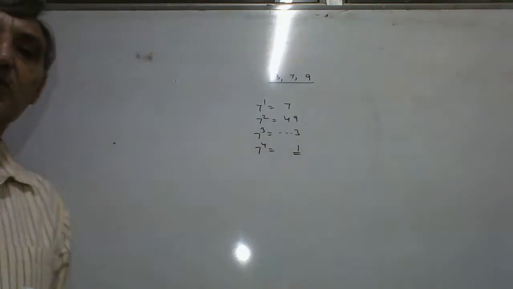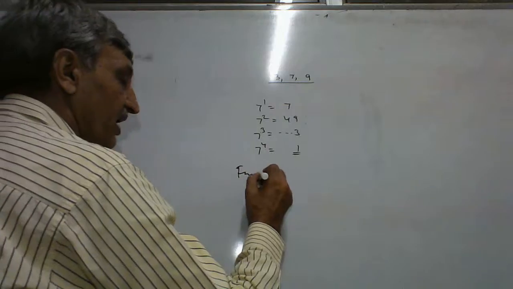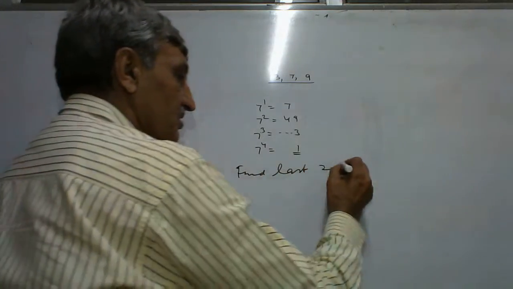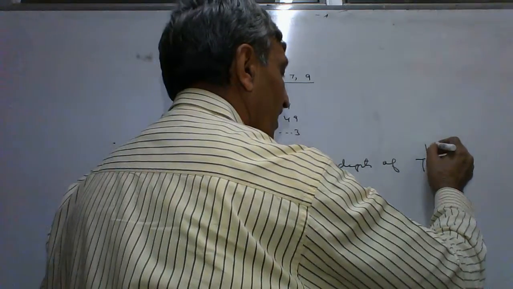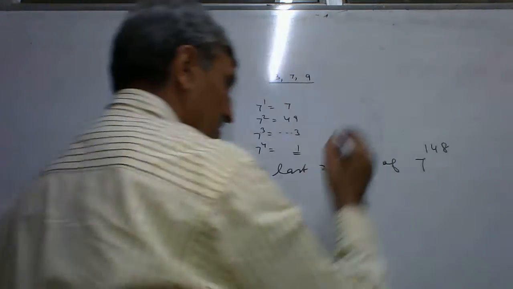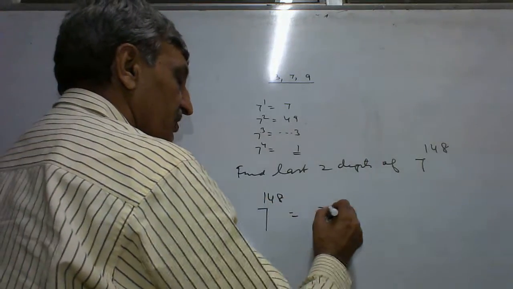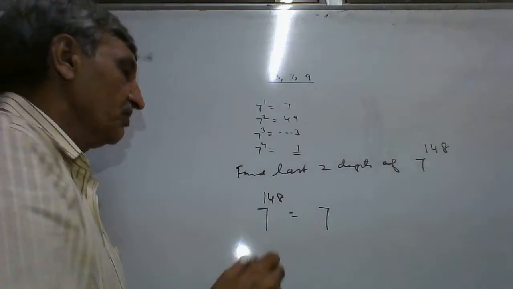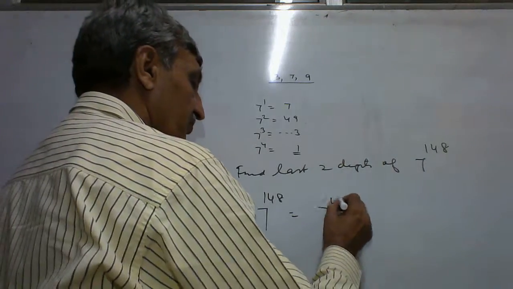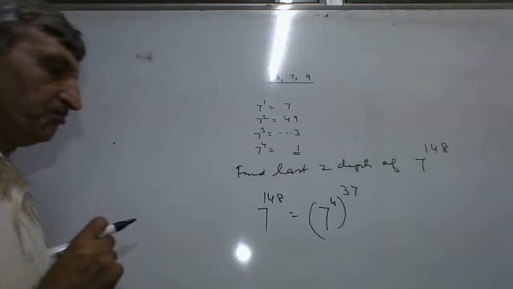Now suppose I want to find the last two digits of 7 raised to the power, say, 148.